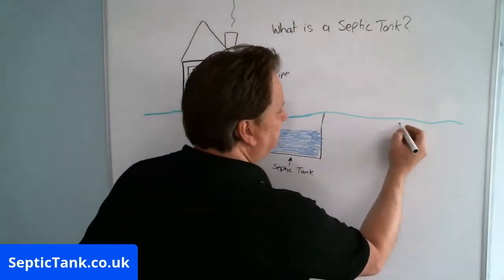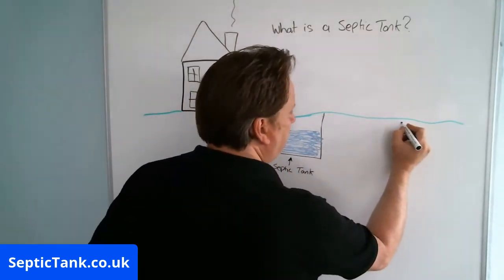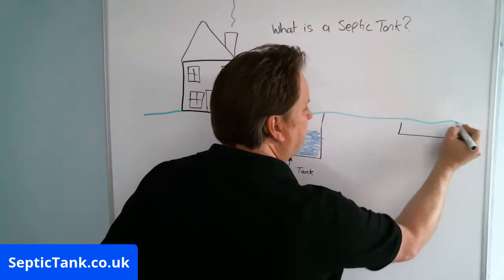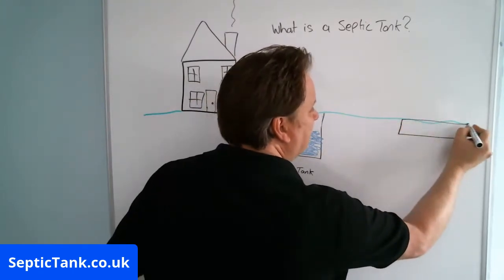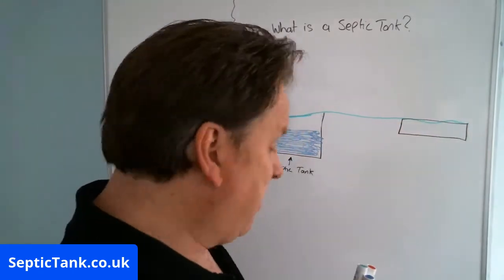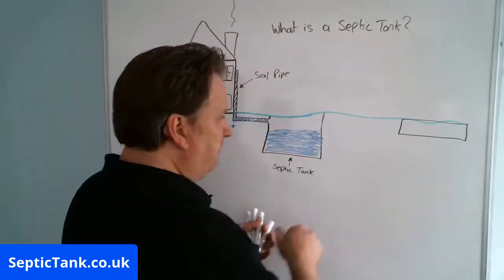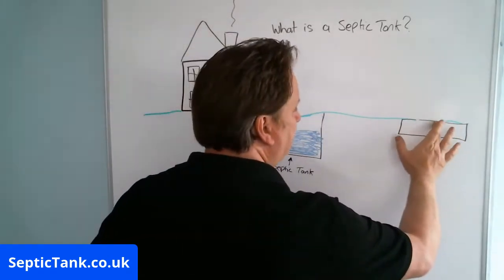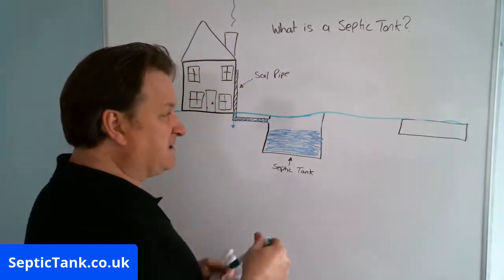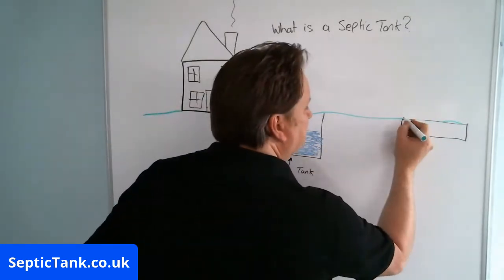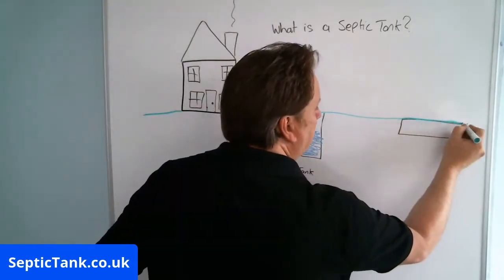All right. And so what they'll do is here in the garden, they'll dig a big rectangular pit under the grass, a few inches below the grass. So let me just put the grass above that. There we go.